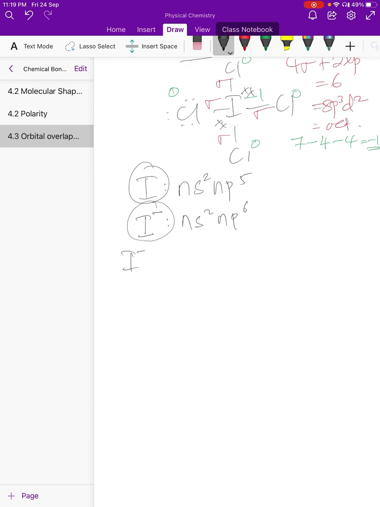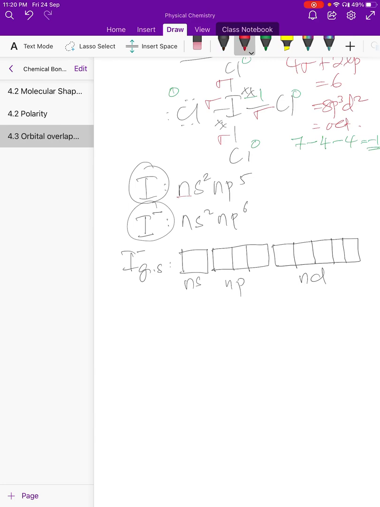So I negative ground state will be ns, obviously np, and there is nd, that is empty. You can use n when the period is very big, like iodine.